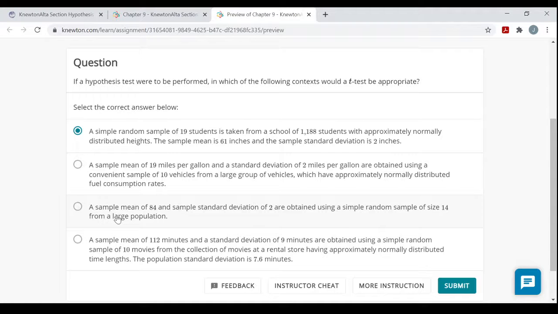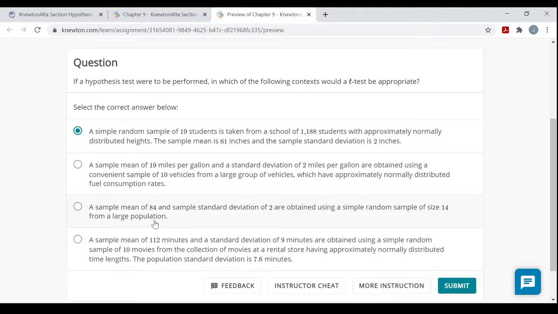Third one: a sample mean of 84 and sample standard deviation of 2, there's x bar and s, are obtained using a simple random sample of size 14 from just some large population. So notice they didn't mention the distribution of the population. It's not said to be approximately normal.